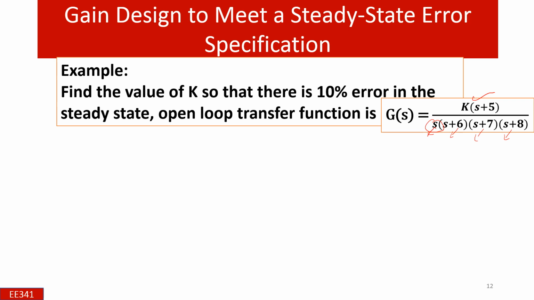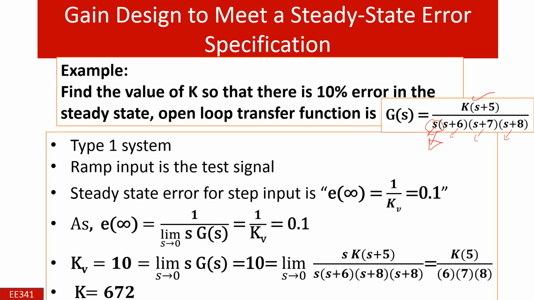This shows that the system is type 1, the corresponding input is the ramp input, and the corresponding error constant is the velocity constant. The velocity constant is defined as the limit as s approaches 0 of s times G(s).